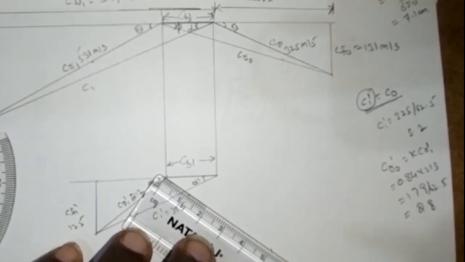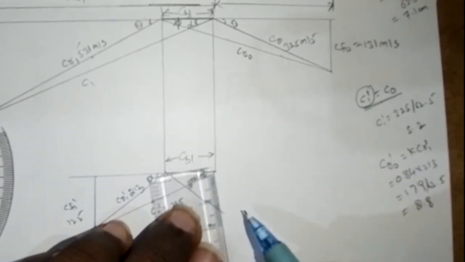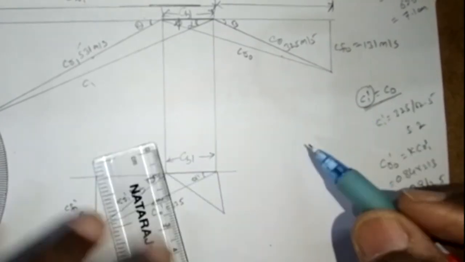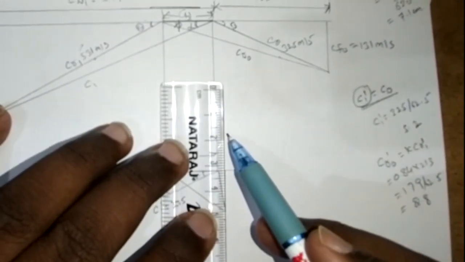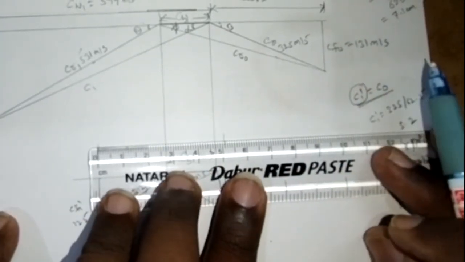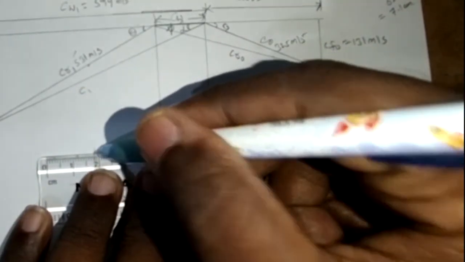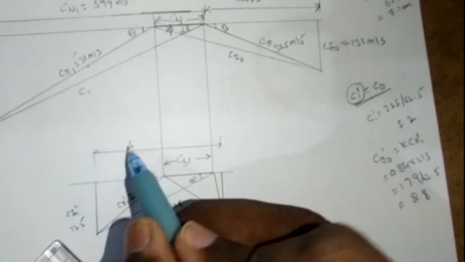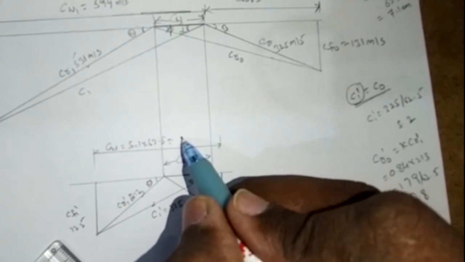Simply join this and project this. Here this is total CW value 5.1. 5.1 into 62.5, around 319.